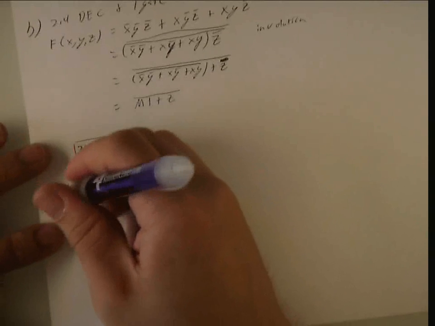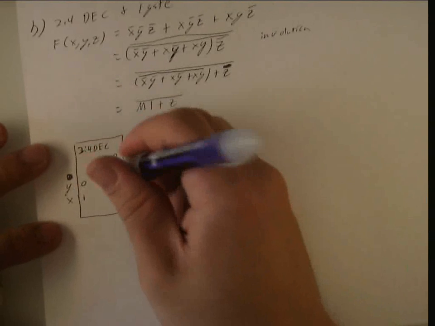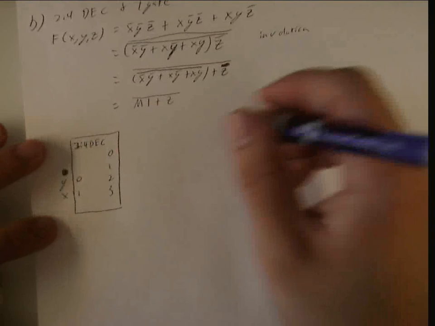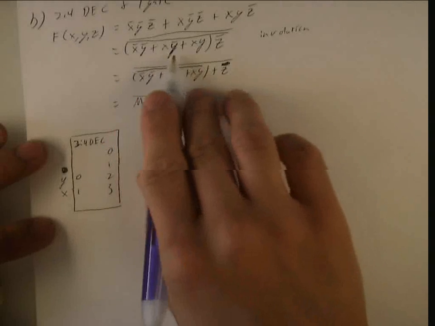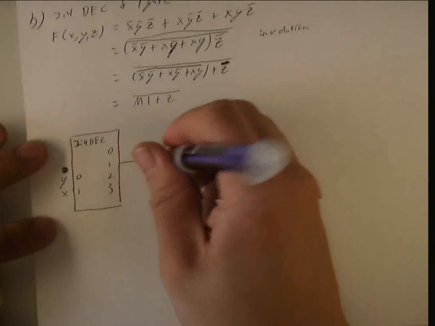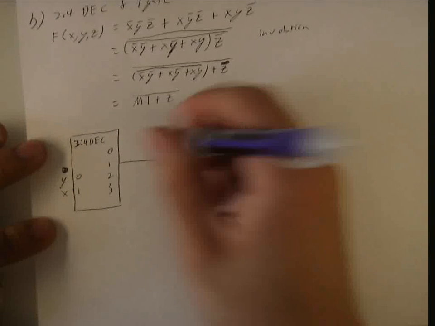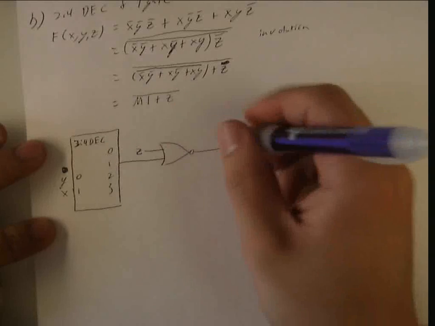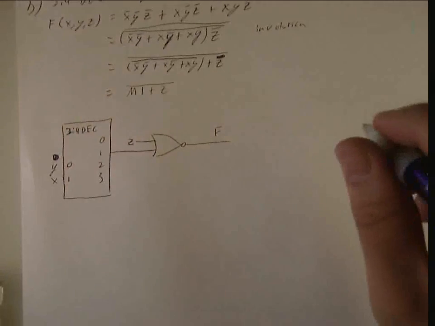Z, y, oh, no, sorry. X and y, I don't need z. And I'll have 0 and 1. And I'll have outputs 0, 1, 2, and 3. And so I'll want this one, because that's not included in here, so this is going to go into there. And z will go into there, and that's my f.